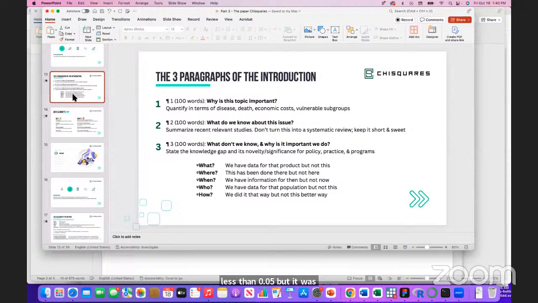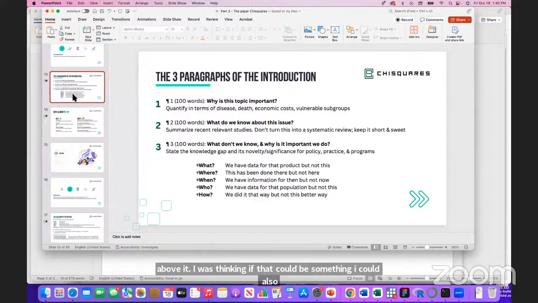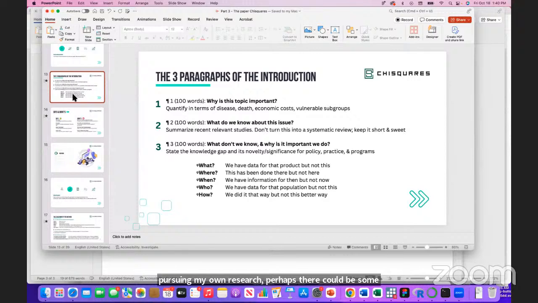I was thinking if that could be something I could also pursue in my own research. Perhaps there could be some slight difference which can be significant in my own research. So I don't know if such near significant findings are enough reason to talk about in trying to make a case for one's research.